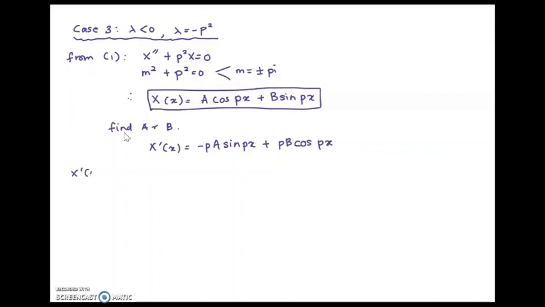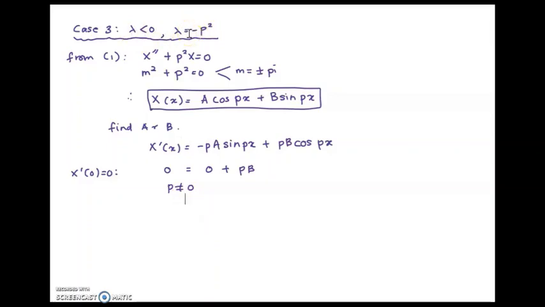The first one is X prime of 0 equal to 0. Then on the left it is 0, and on the right we substitute x equal to 0. Then we have 0 here plus pb cos 0, which is 1, so we have pb. Again, p cannot be 0, because if p equals 0, then lambda equals 0, which is case number 1.